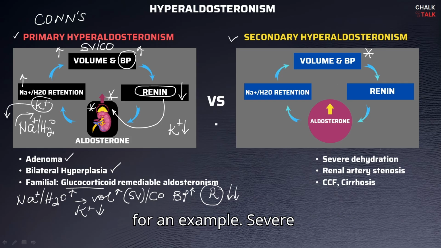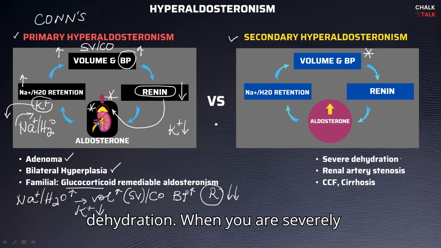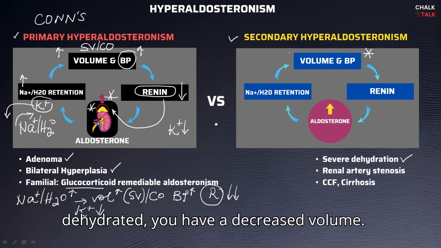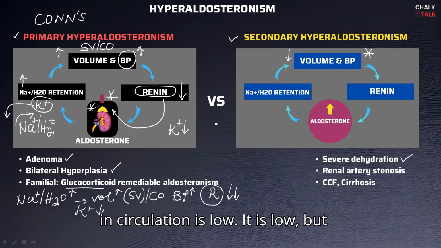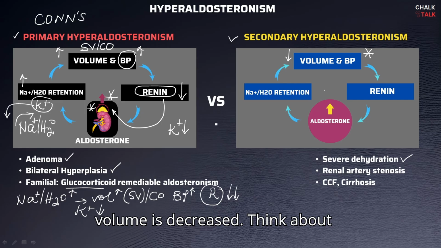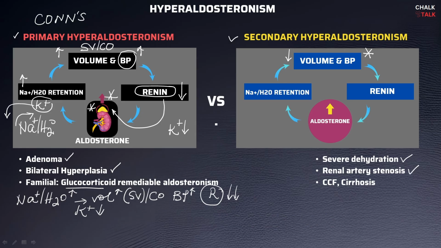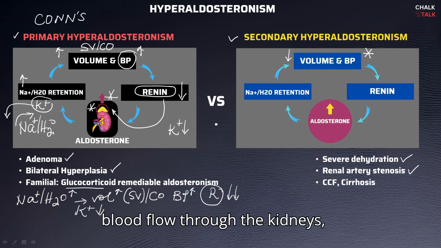So, take for an example, severe dehydration. When you are severely dehydrated, you have a decreased volume. It doesn't necessarily mean that the fluid in circulation is low. It is low, but volume is decreased. Think about renal artery stenosis. In this disorder, there is less blood flow through the kidneys.